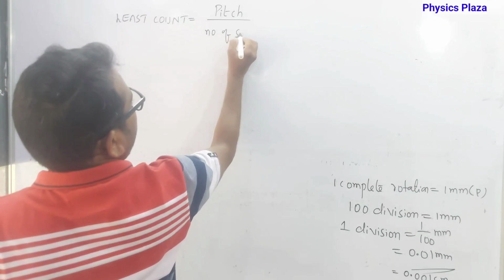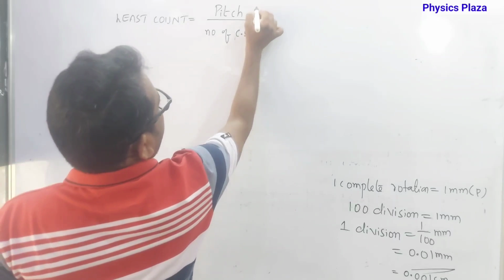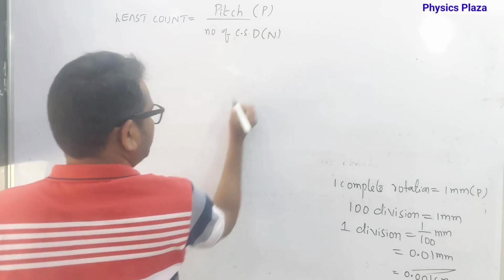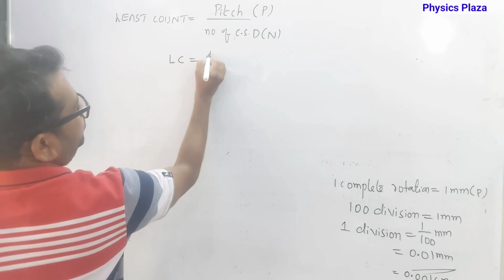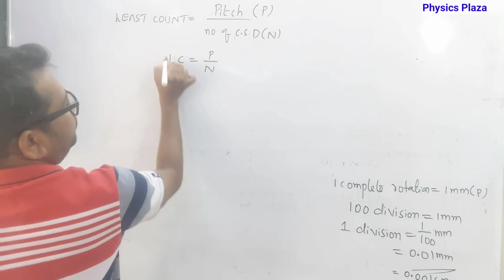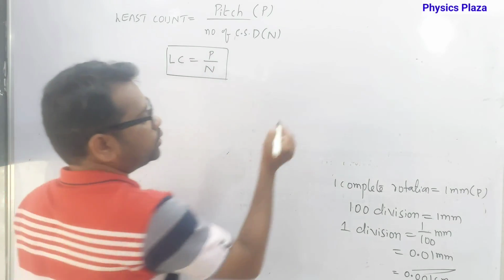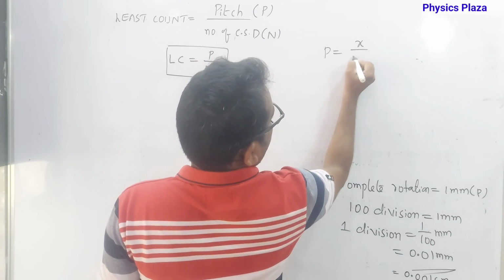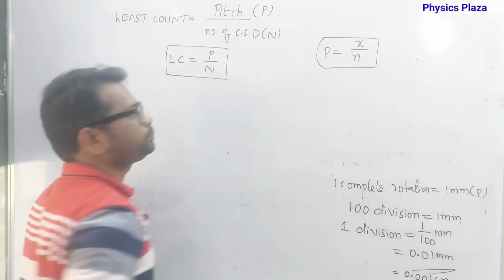This is the pitch P, and the number of circular scale divisions is N. So we can write the least count is equal to pitch by number of circular scale divisions. So how to calculate the pitch? Already we discussed. Pitch is equal to the distance traveled by the screw divided by the number of complete rotations made.